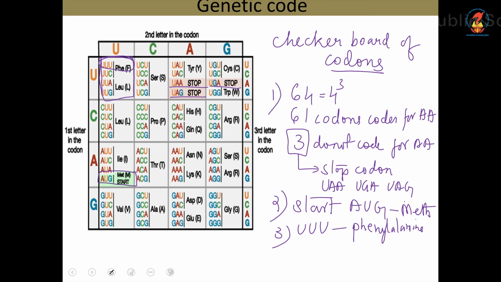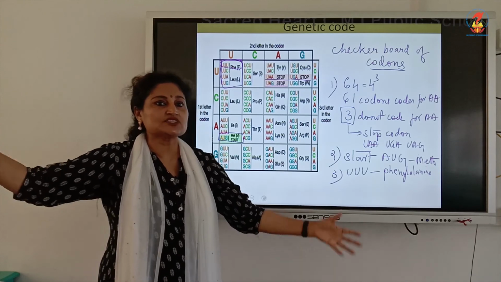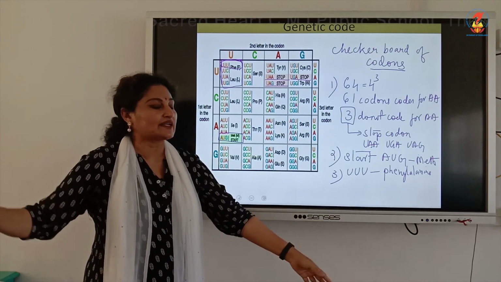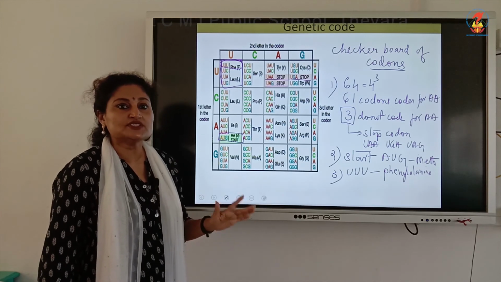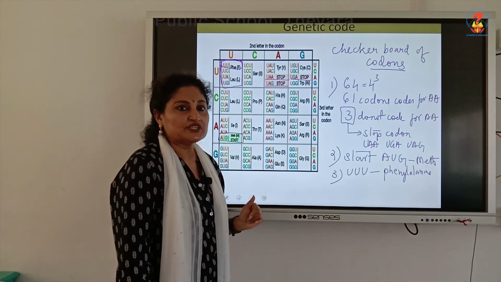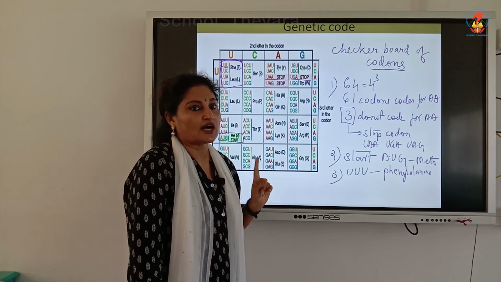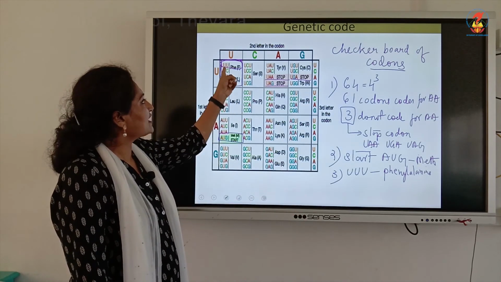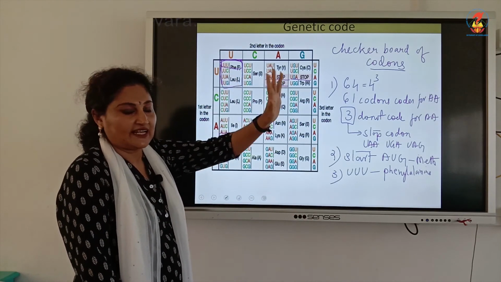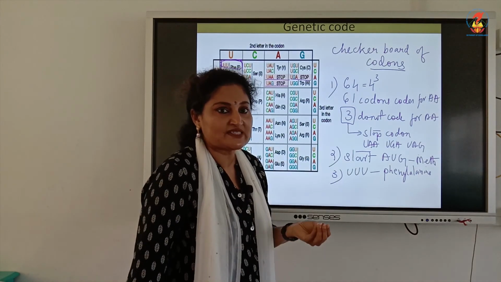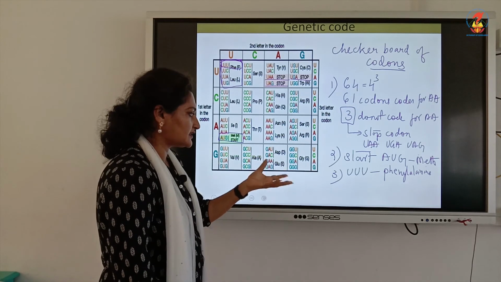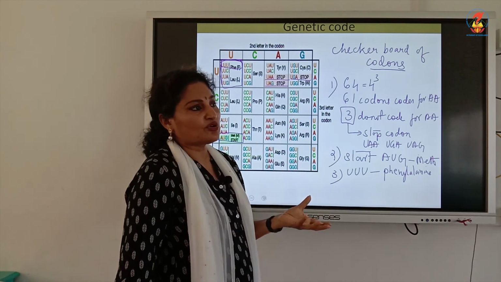The most primitive and the most advanced organism, right from bacteria to man, UUU codes for phenylalanine. This proves that the genetic code is universal. So, which property is it proving? The genetic code is universal, with the very example of UUU coding for phenylalanine. But there are some exceptions with respect to certain protozoans, certain bacteria and the mitochondrial genome.